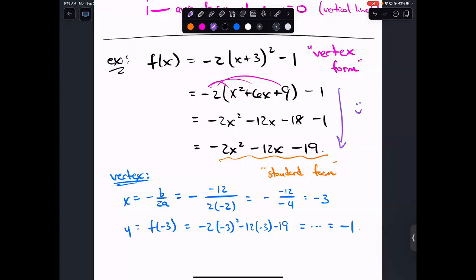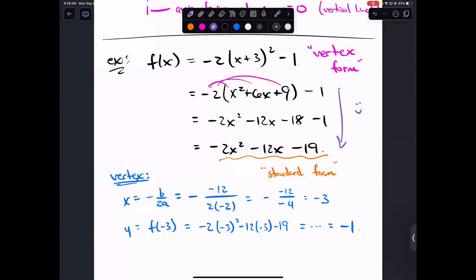So let's take a look at the first two examples in the notes, 1 and 2. In 1, I gave you a function in the vertex, the written out transformation form. I want you to find the vertex, the axis of symmetry, the domain, the range, and then rewrite it in standard form like we just did. Number 2 is in standard form, x squared plus 6x plus 8.